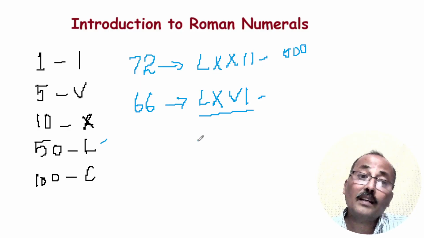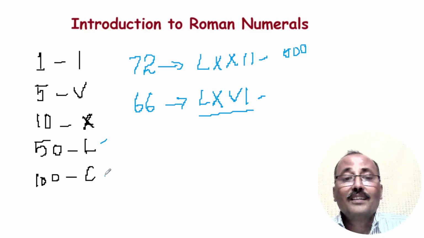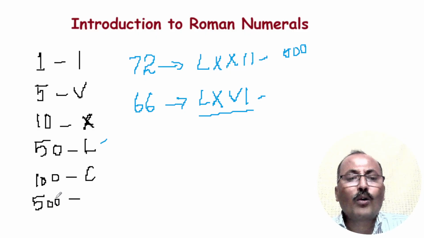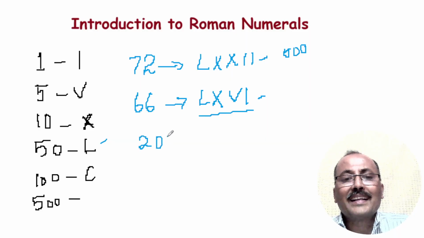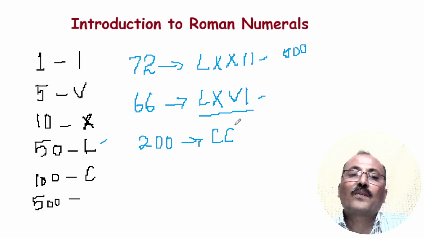Now, is it over? No. There is a next number, they jumped to 500. Because what is for 200? Can you guess it? What would have been for 200? 200 is simply CC. C and C is for 200.